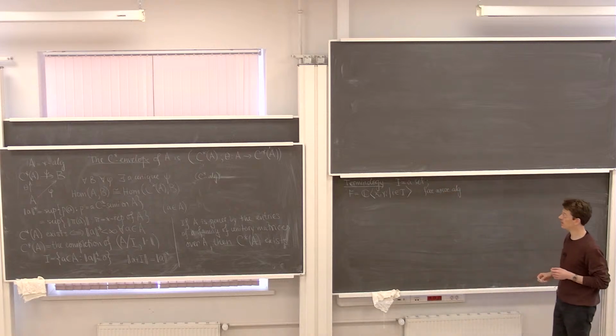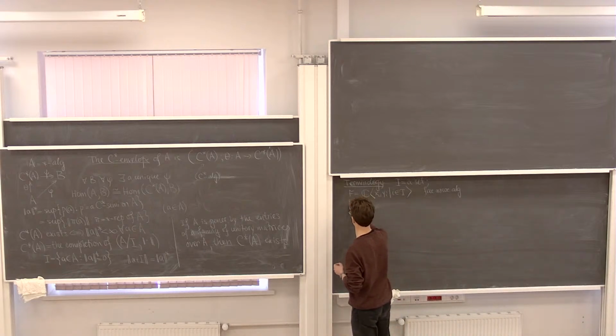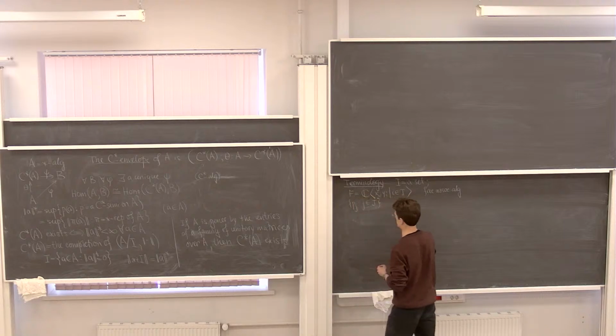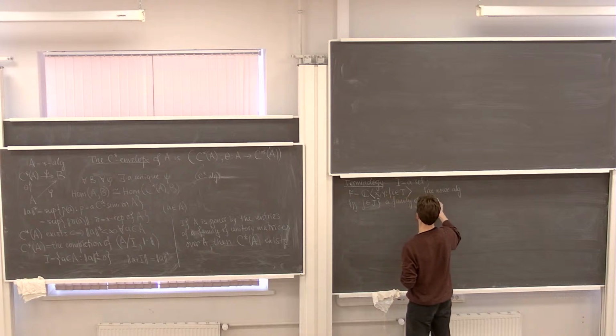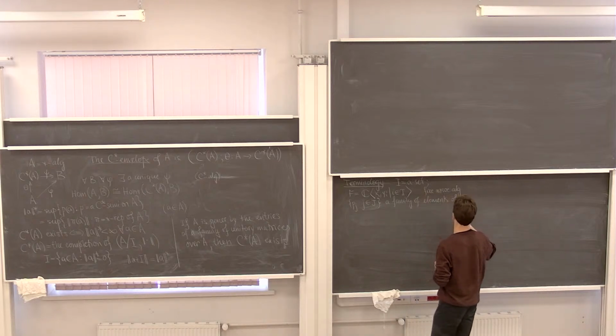And suppose we have a family of elements in this algebra, denoted by p_j, a family of non-commutative polynomials, a family of elements of F.